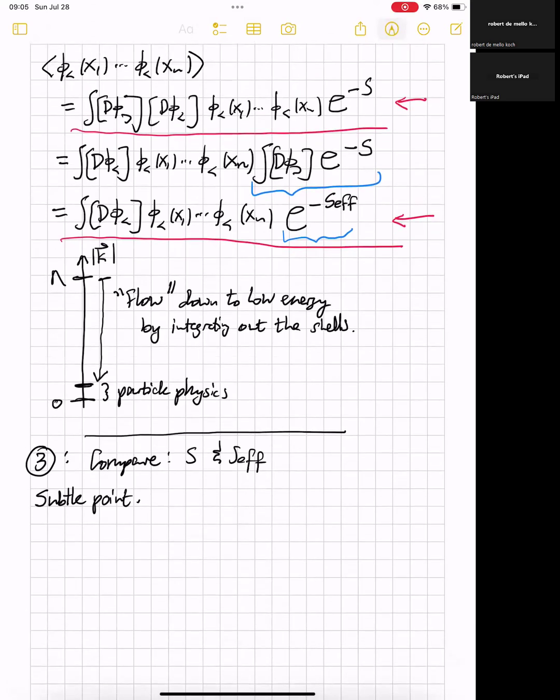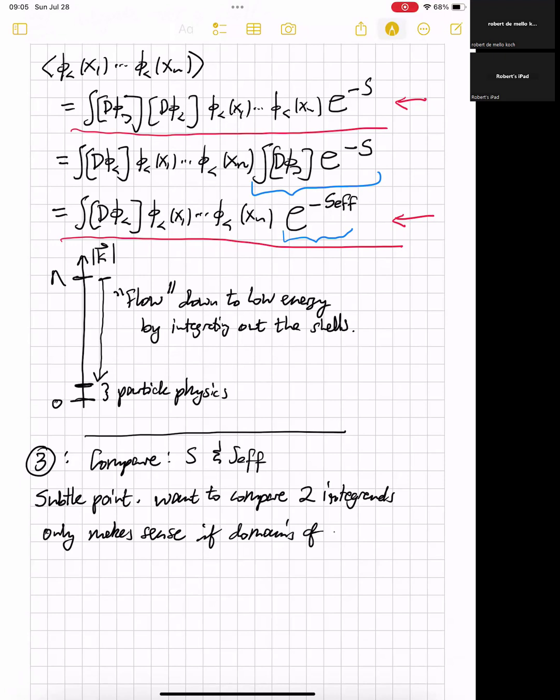What we actually want to do is compare two integrands. You can see that S and S effective are defining two integrands. Well, this only makes sense; it's only a fair comparison if the domains of integration match.